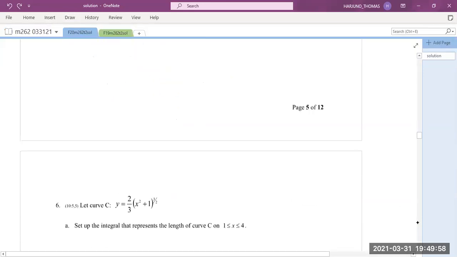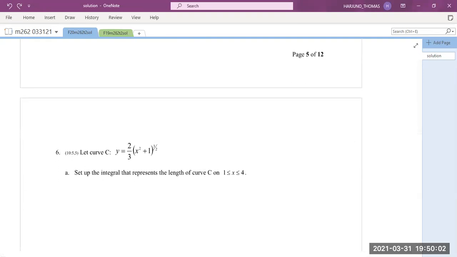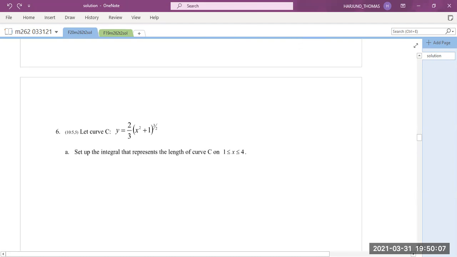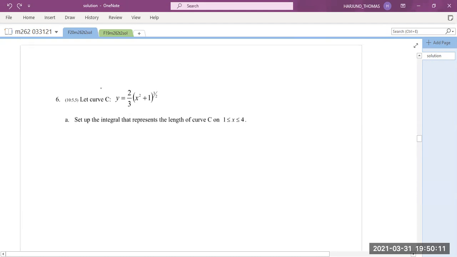Okay, now number 6. Let the curve C be this. Set up the integral to represent the length of curve C for x from 1 to 4. So y prime is 2/3 times 3/2 times (x squared plus 1) to the power of 1/2 times the derivative of x squared plus 1.